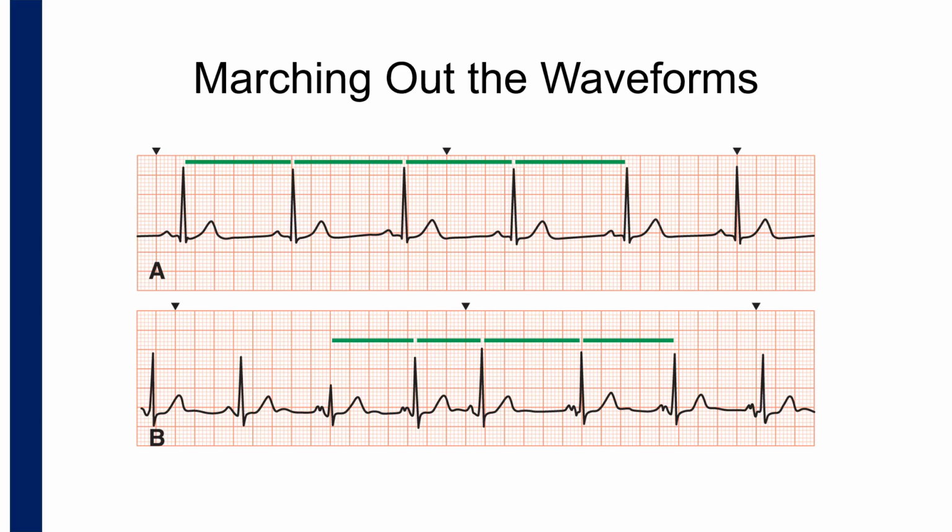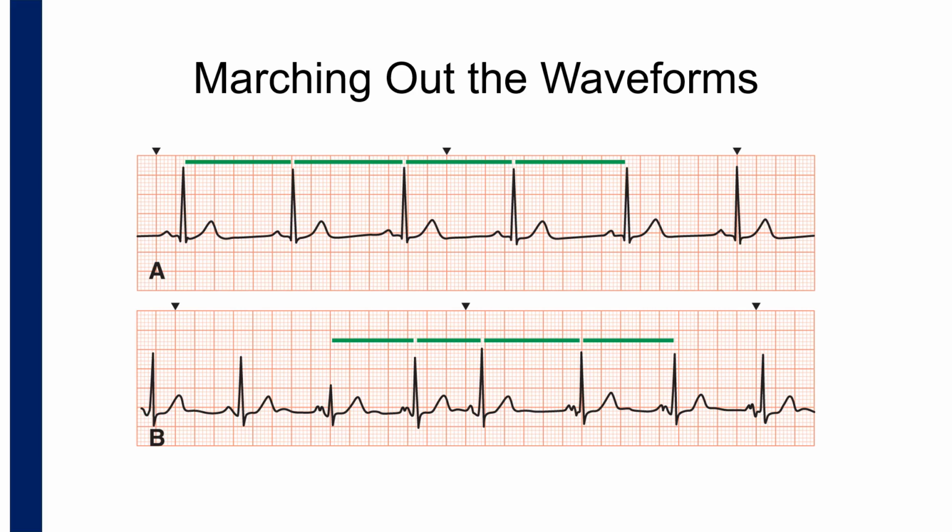The next technique to identify whether the rhythm is regular or not is by marching out the waveforms. So you see here in this top one, if you counted more or less the boxes in between the R's, and if they match the number of boxes between the following R's, then that would mean the rhythm is regular.